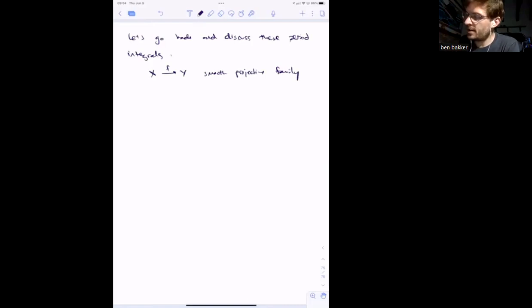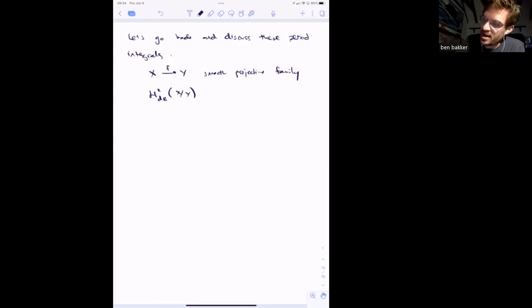By looking at the kth cohomology of the fibers, we get a vector bundle with flat connection, namely the Gauss-Manin connection. I'll call that the de Rham cohomology of X over Y, and its algebraic structure is given by algebraic de Rham cohomology.